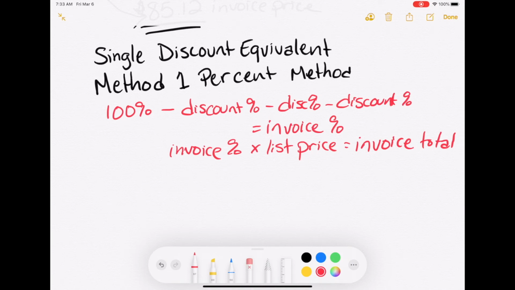So from this, though, you can also get the single equivalent discount percentage. And to do that, it's very easy. You just take 100% minus this invoice percent. And that will give you the discount amount.